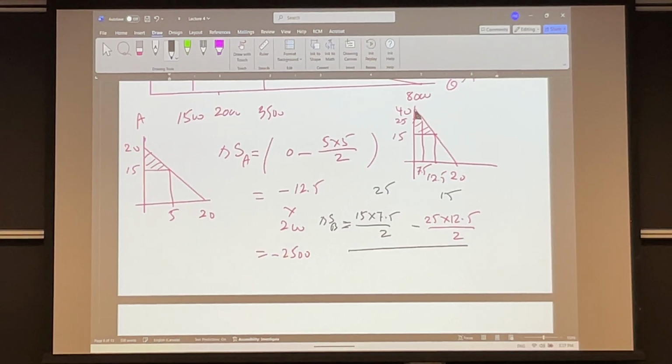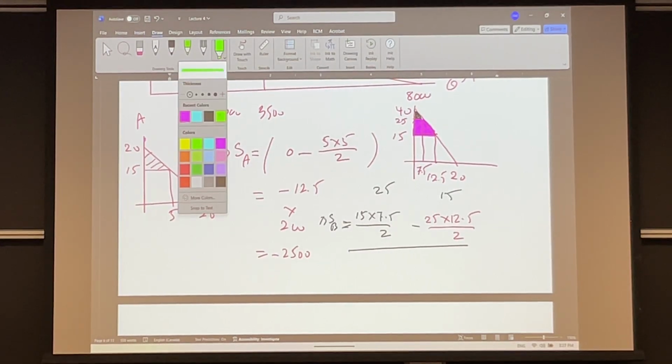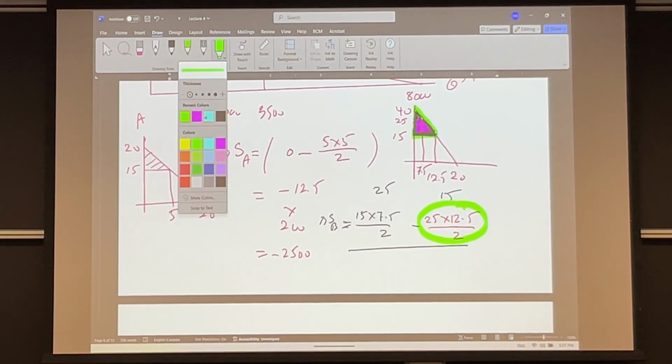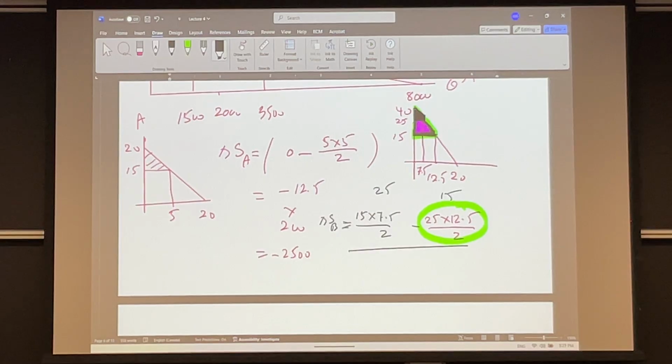How much is this? Basically, graphically, we're finding this area. That's the change in the surplus. Right? We're calculating the pink area. We are getting this one. We're subtracting from it this one, and we're getting the pink area. How much is it?